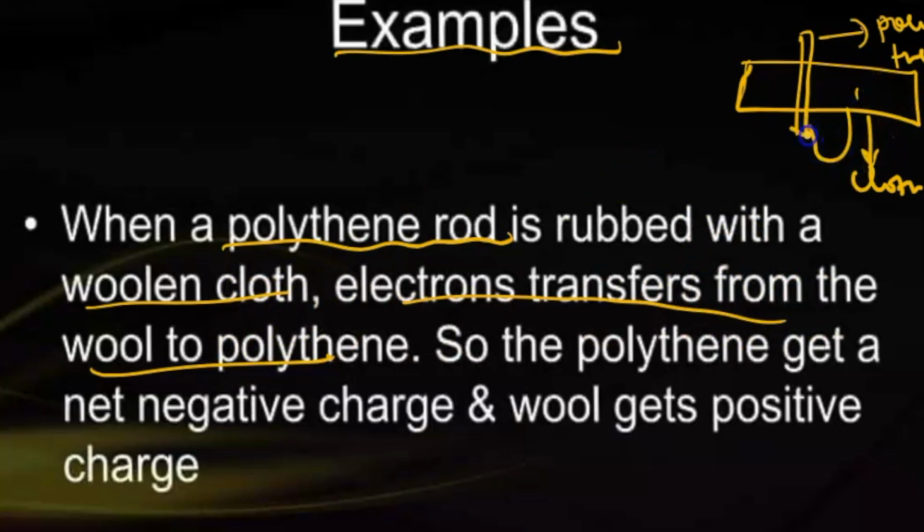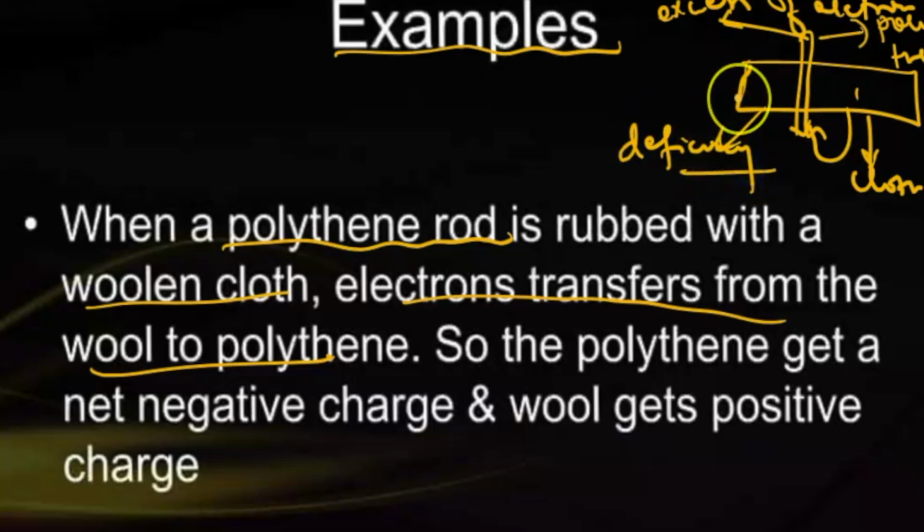This is our woolen cloth and this is our polythene rod. So where is the electron transferred from? The electrons transfer from the wool to the polythene, which means there will be an excess of electrons on the polythene and a deficiency of electrons on the wool. In this case, we can say that the rod will have a negative charge and the wool will have a positive charge.